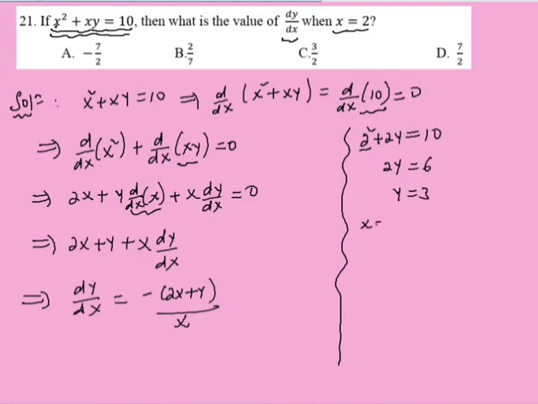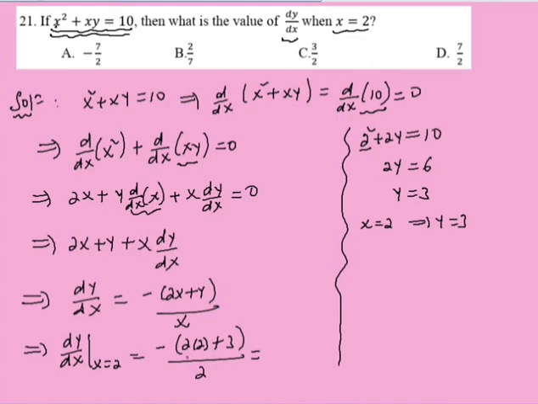So at x equals 2, y becomes 3. So let us evaluate dy by dx at x equals 2. That means the negative of 2 times 2 plus y, which is 3, over x, which is 2. So this is 4 plus 3 is 7, 7 over 2 with the minus. Negative 7 over 2 will be the value.